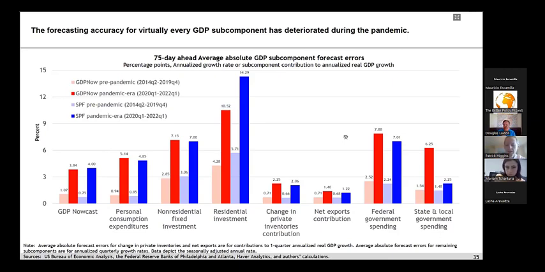The faded ones are pre-pandemic average absolute errors, and the post-pandemic ones are the solid or more striking colors. And for almost every subcomponent, these are 75 days ahead, which is the only horizon the Survey of Professional Forecasters is going to release. And you can see almost every subcomponent is higher than it was prior to the pandemic.